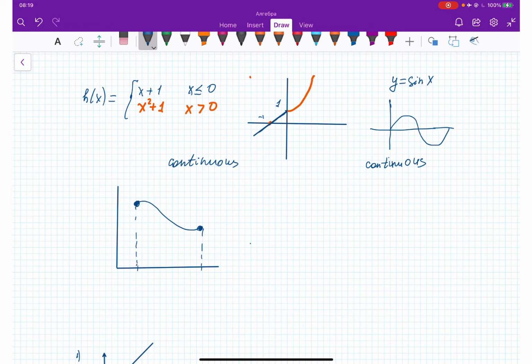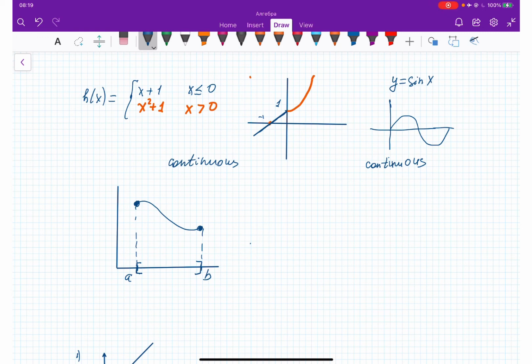Therefore, this interval is marked down as a square bracket, a and b. So the function is considered continuous on closed interval where there is no type of interruptions, holes, jumps, and breaks, and so forth. We see it continues. Now, how to define that mathematically?